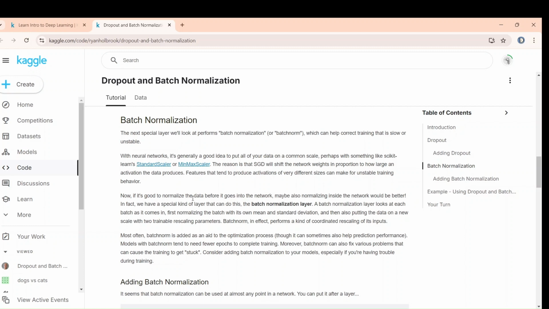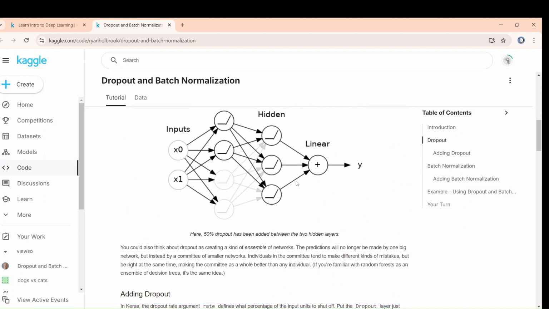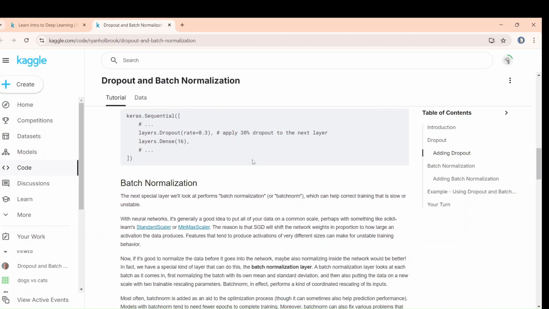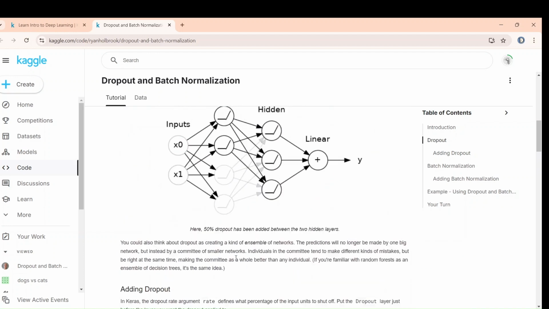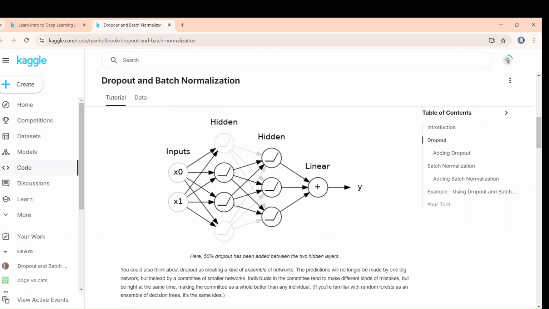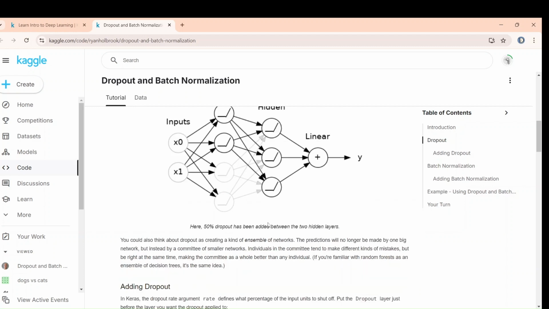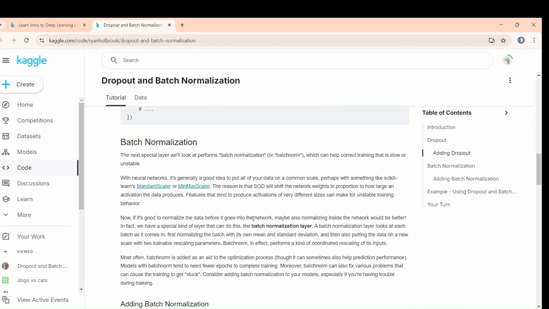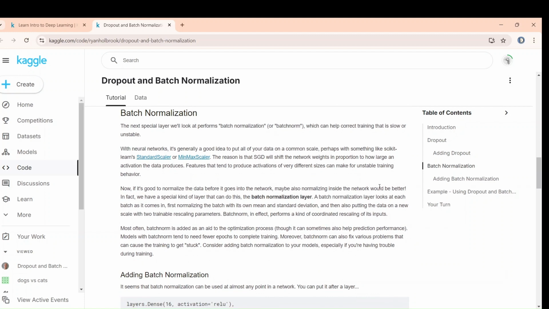Now, if it's good to normalize the data before it goes into the network, as you are using many layers, and if the output from any neuron is not on the same scale, it may create a problem for the next layer. So maybe also normalizing inside the network would be better. Before giving the input, we are using standard scaling or min-max scaling.